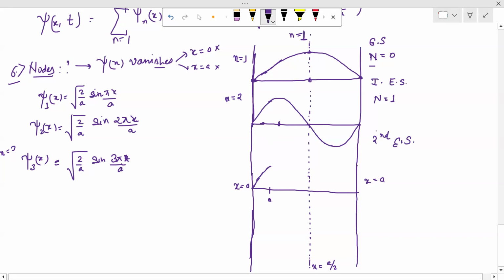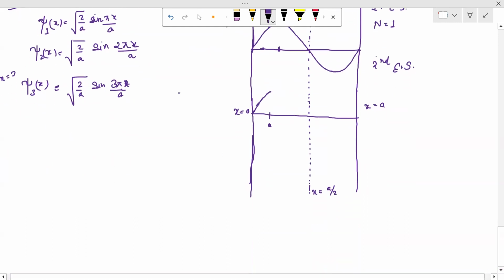At a by 4, it will be equal to sine of 3 pi by 4. Okay, so I'll have to, how will I make it? Okay, so this is something I'm drawing it again. Just give me a little bit of space, I need. Okay, so I'll write it here.